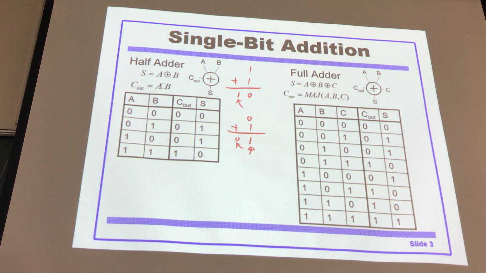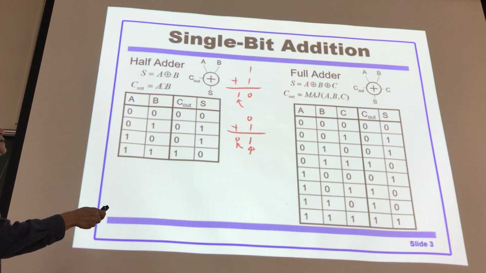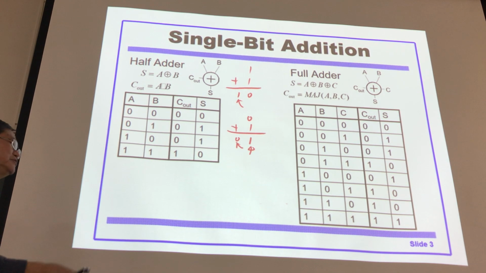As I mentioned last time, sum is, again, the exclusive-OR of A and B and C. A 3-input exclusive-OR gate will give you the sum value. For carry out, I mentioned majority. Majority of A and B and C.